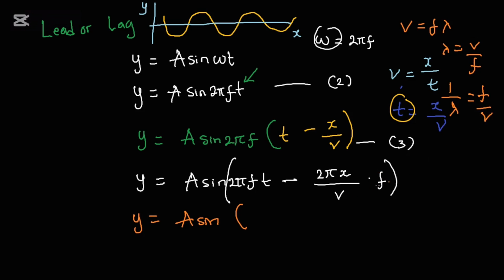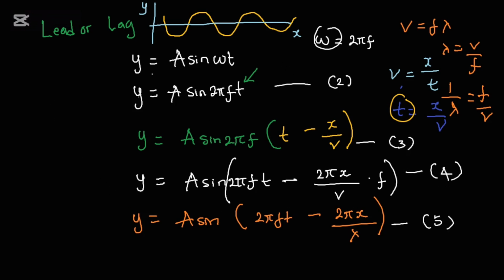So f over v is 1 over lambda, and I can replace this f over v here with 1 over lambda. So we have an equation 2πft minus 2πx times 1 over lambda, which is going to give us 2πx over lambda. So this is one of the main equations which we are going to be using. I can just call this number 5, call this number 4. It looks like there are a lot of equations, but it's basically the same sinusoidal equation.